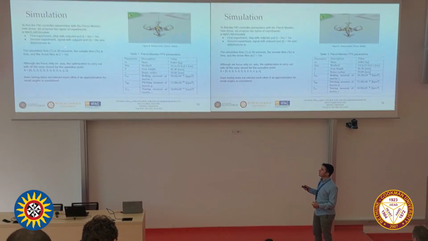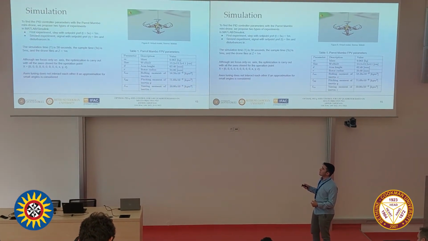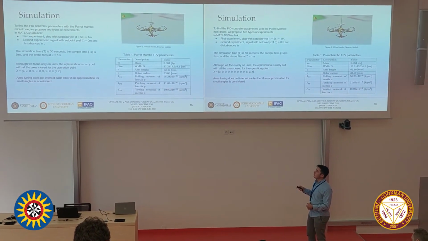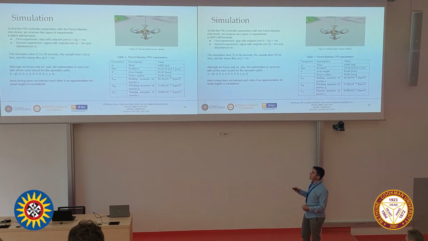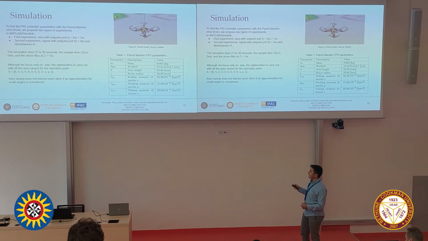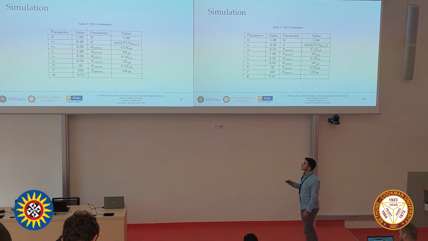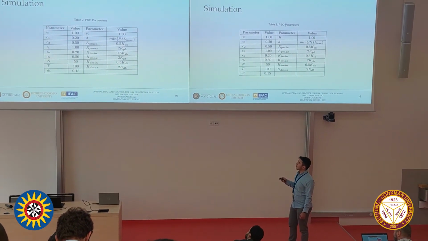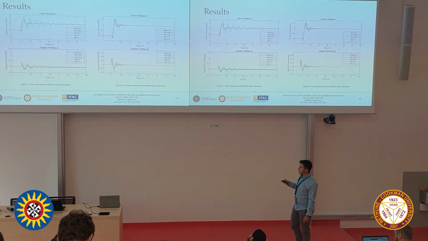We implement this system in MATLAB with two experiments. One is a step system, and the other is a set point. And we have these parameters. These are the parameters of the PSO, and these are the results.